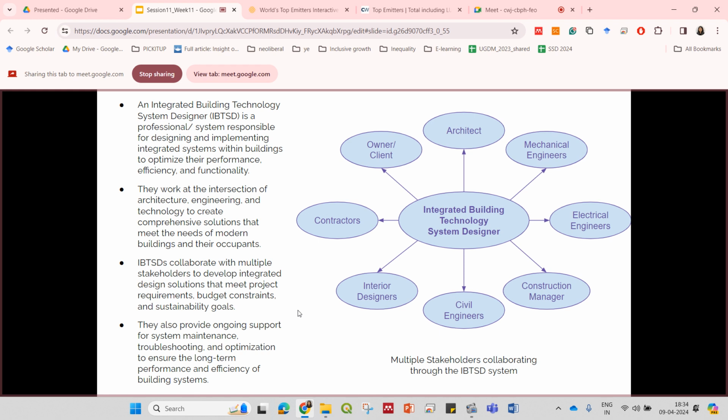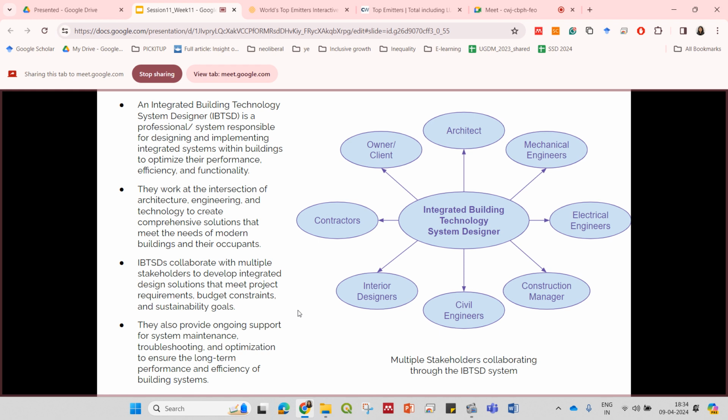So for that, the integrated building technology system designer comes in. It works at the intersection of various disciplines like architecture, engineering, and technology to create a comprehensive solution that meets the needs of the buildings and the occupants.